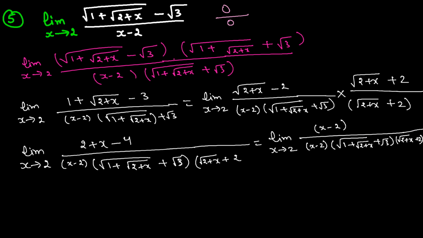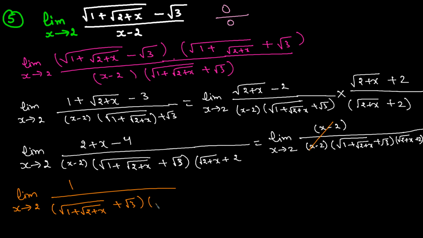So these two terms will cancel out with each other. So we're left with the limit as x approaches 2 of 1 over square root of 1 plus square root of 2 plus x plus root 3 into square root of 2 plus x plus 2. Okay, now we're going to plug in the value x equals 2 in this function.